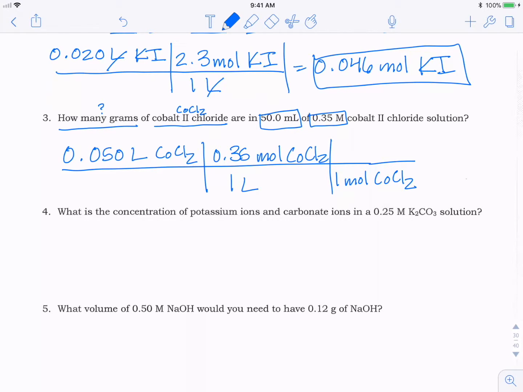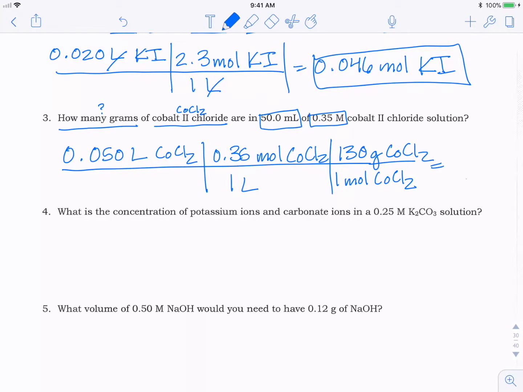So we have cobalt 2 chloride. And what's its molar mass? 129.8. So let's just call it 130.